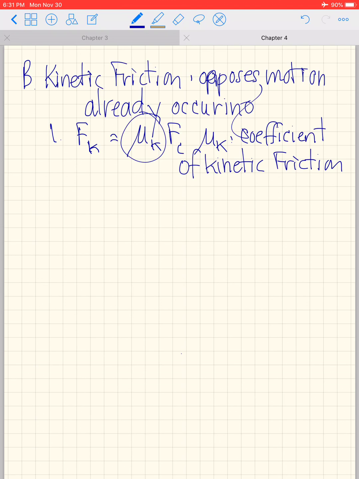This is going to be just like all of the ones that we've done in the past, only now I have that one more factor, kinetic friction. So I have to ask myself, is this a right to left or a left to right problem?